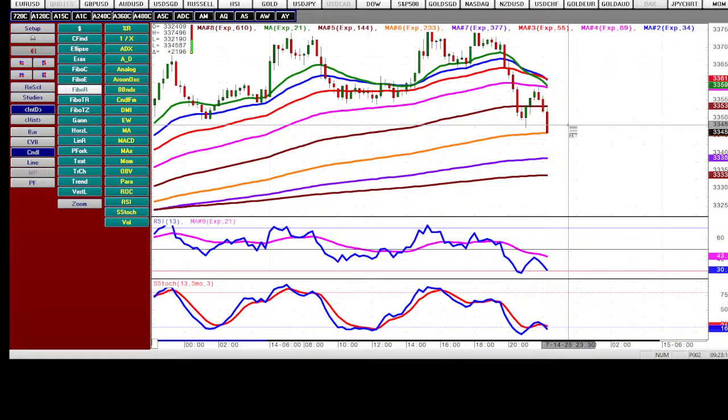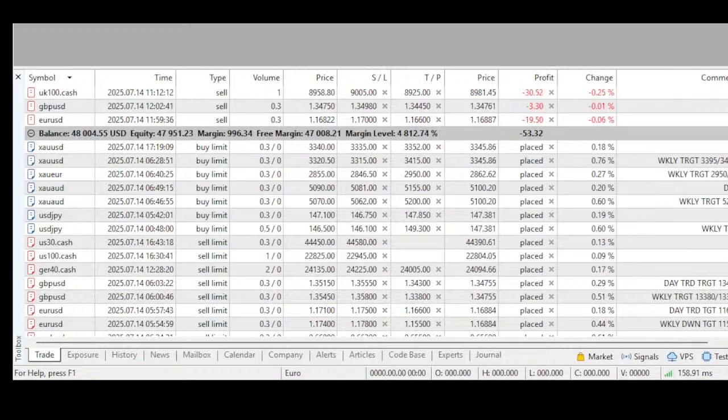Then since, as I told you, we need to reduce all the positions before 10:45. So the next level is pound. I want to close it at cost.